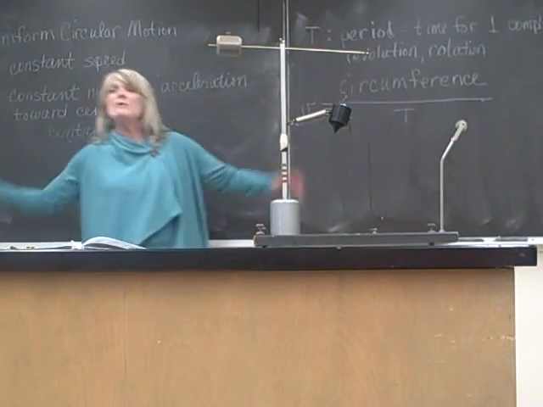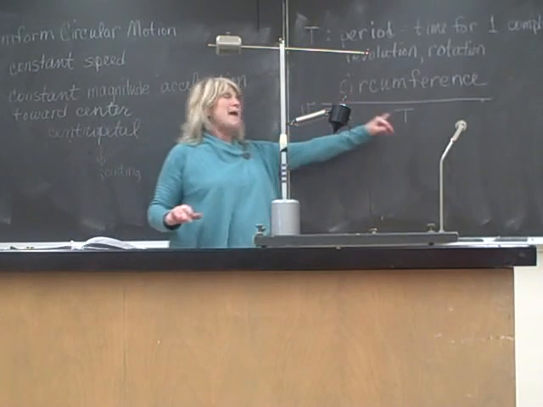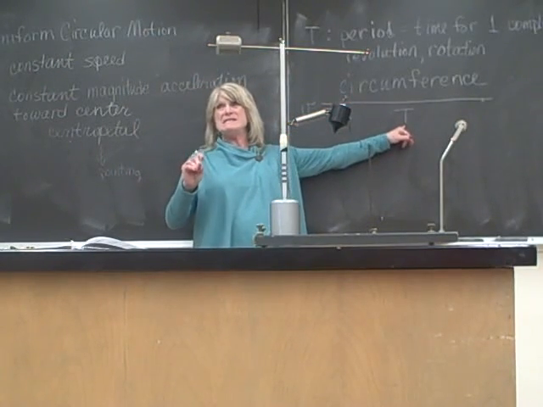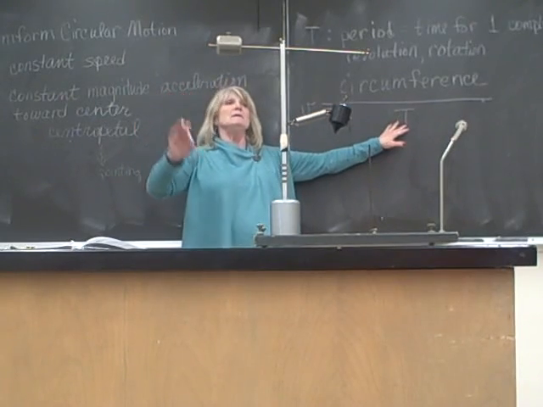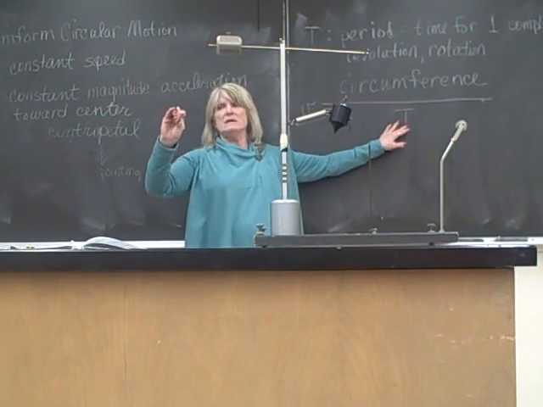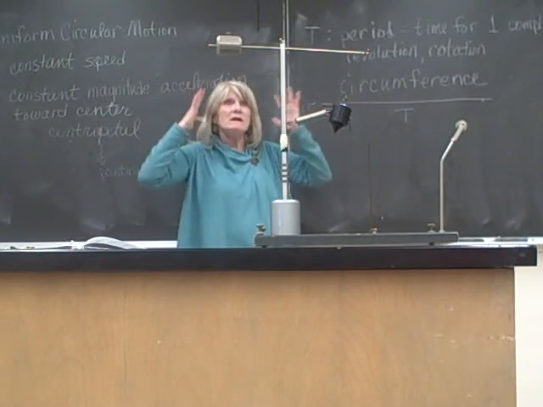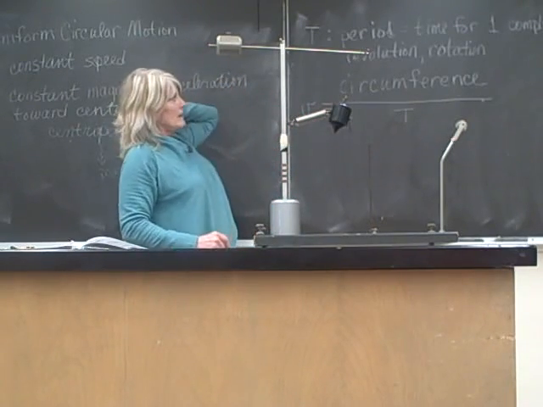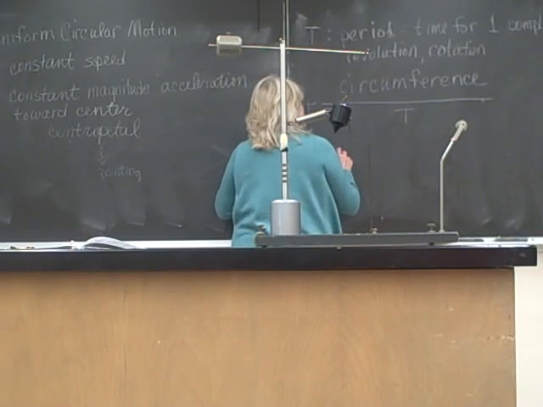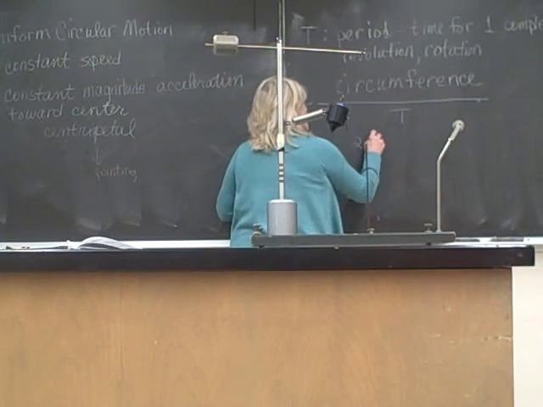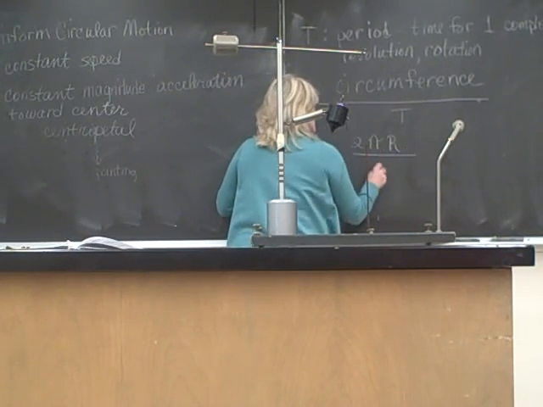Capital T. Now, here's something important. It's capital T and not lowercase t. This is not just time. This is the period. It's like a specific length of time. Okay, so in formula form, using all letters, it would be 2 pi r over capital T.